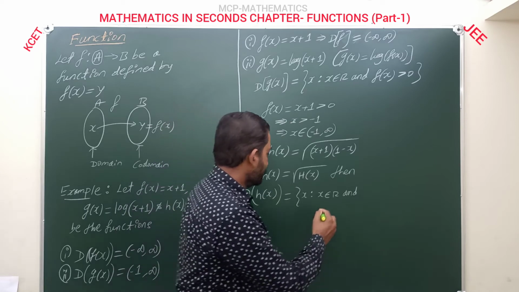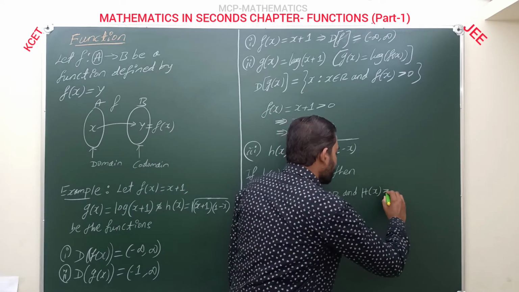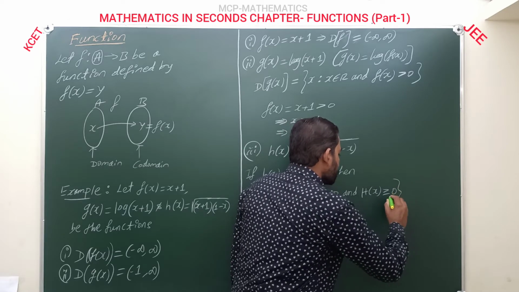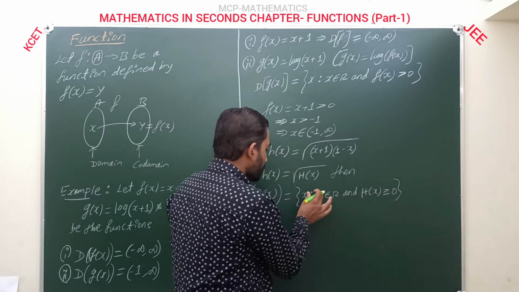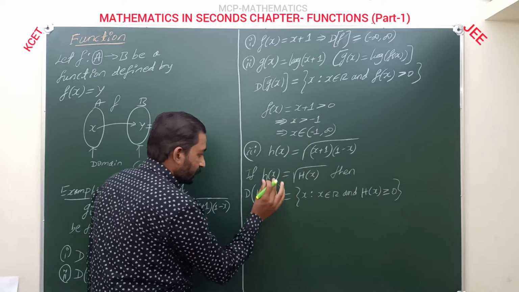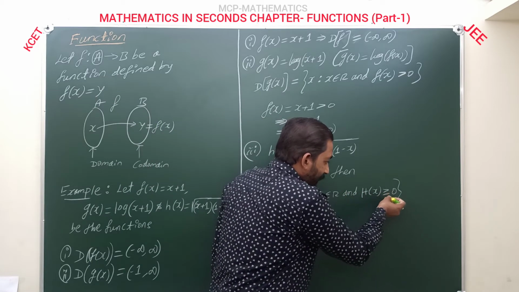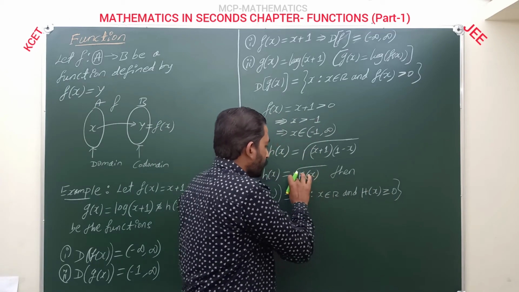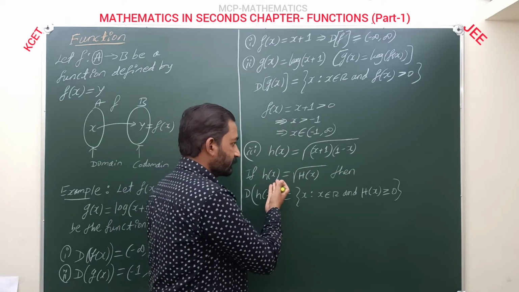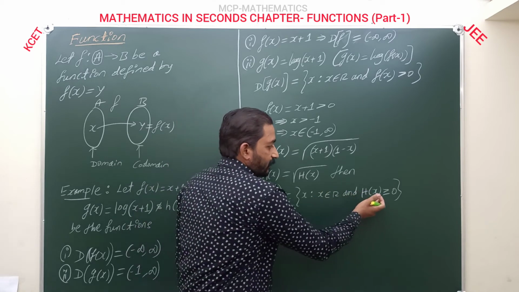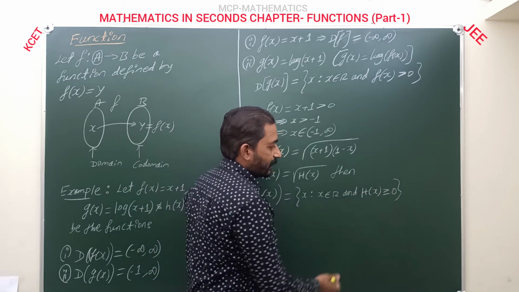So in this case, H of x must be greater than or equal to 0. So with H of x greater than or equal to 0, we have to find the x values. These x values are the domain of h of x, because when H of x is strictly less than 0, it becomes negative. Square root of a negative becomes what? A complex number. So hence the function is not defined when H of x is strictly less than 0. The function is defined when H of x is greater than or equal to 0.